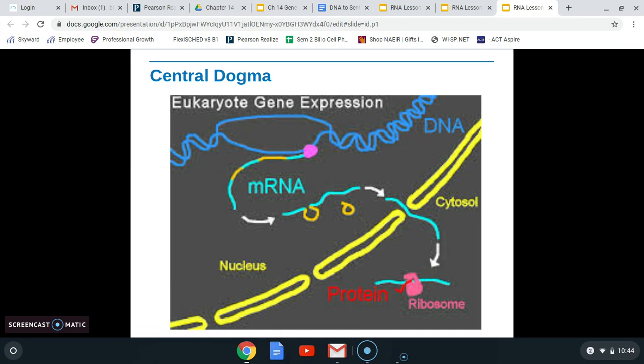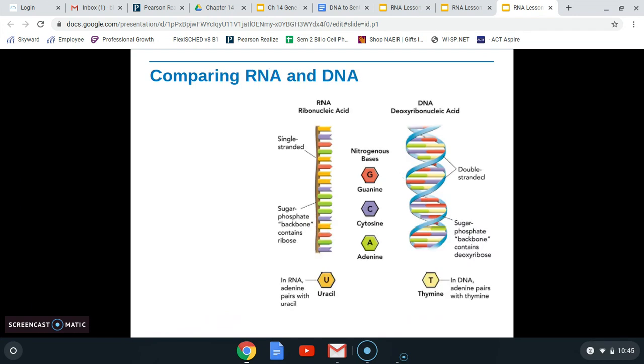We'll take a look at some of the specifics here, and we'll break this down into some simpler pieces. So here are some basic differences between DNA and RNA, and we've got a model of both of them side by side. Now, first one.